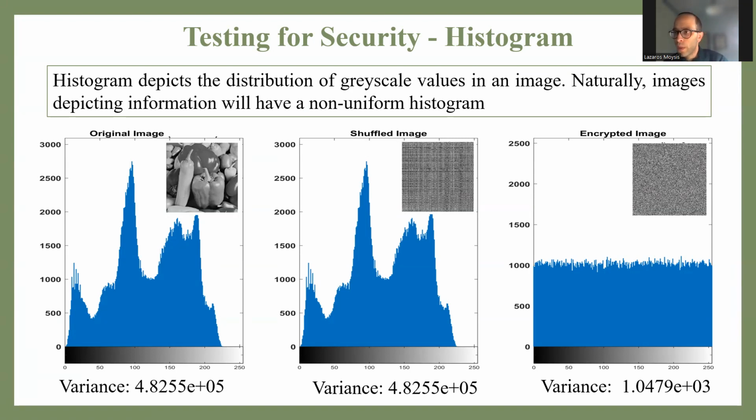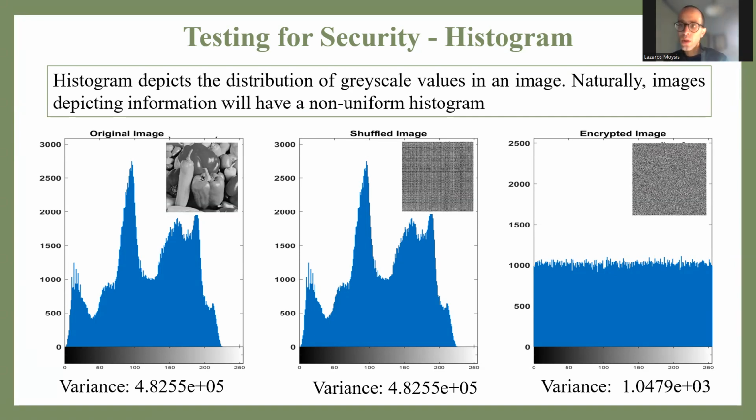Four, always. So regardless of the fact that we are shuffling the deck of cards, the amount of tens, aces, jacks, queens, etc. doesn't change, okay? And this is why the original image and the shuffled image have the exact same histogram, because we shuffled the pixels, but the distribution of the pixel values remains exactly the same, okay?